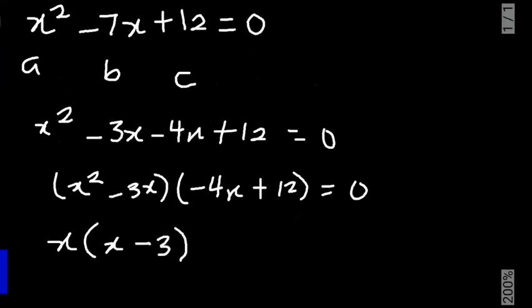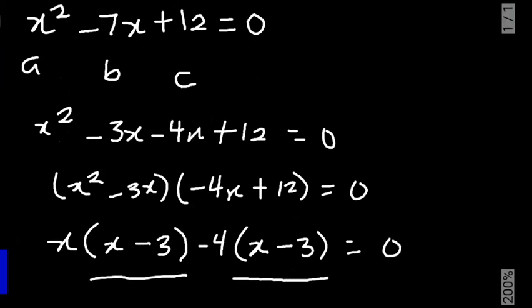In the second part of the expression, 4 is common, so we can say minus 4 here. So we have x minus 3 also equals 0. So this part must be equal to this part. If it's not equal, then it means either your factor is wrong or you didn't factorize well.